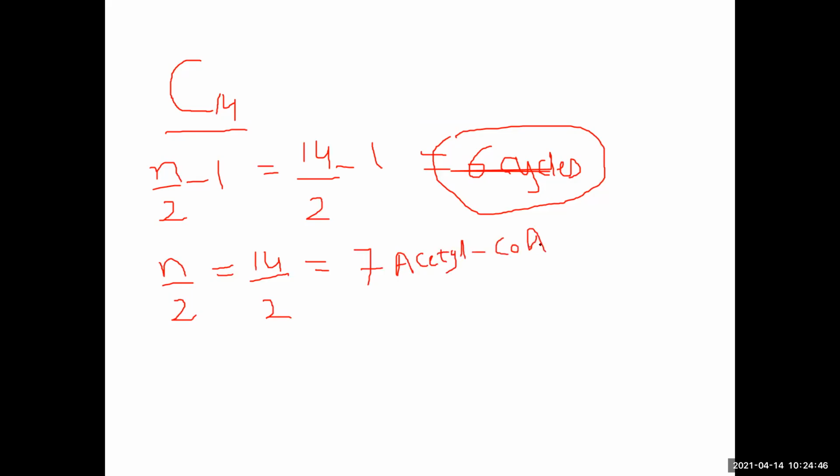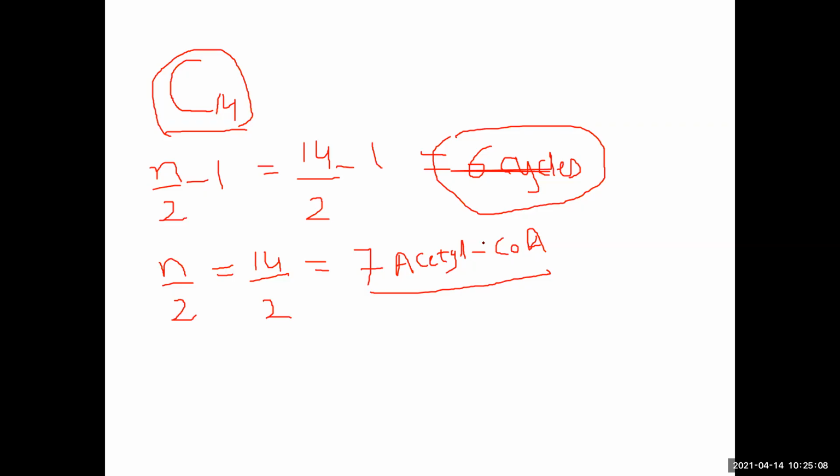That means if I start beta oxidation with a fatty acid which has 14 carbon atoms, at the end of 6 cycles, I will produce 7 acetyl CoAs, right?